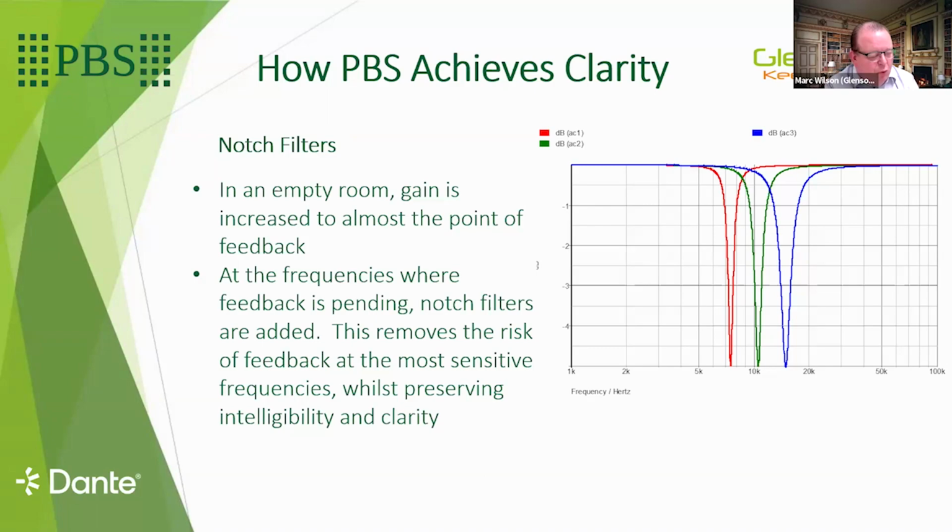So we remove those most sensitive areas with notch filters, making sure that we maintain the intelligibility and clarity as we do that, to make sure that we're really neutralizing those problem frequency areas within the room.